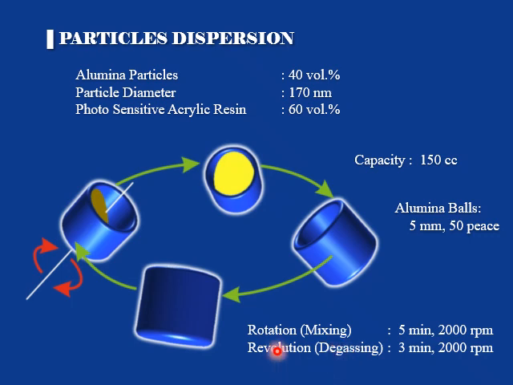In this case, rotation means mixing like this, and revolution means mixing like this. The revolution is the degassing, and the rotation is the mixing of the solid particles in the liquid phase.